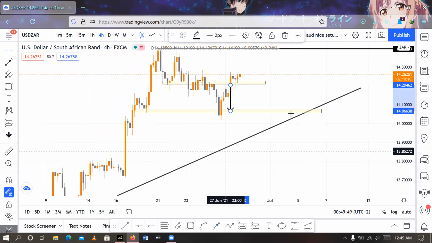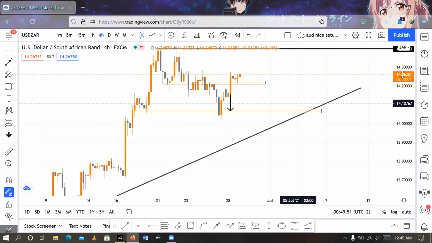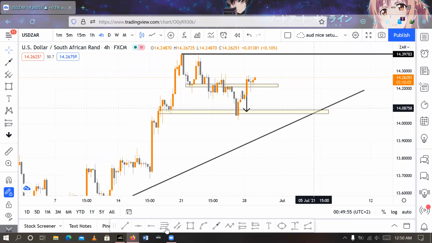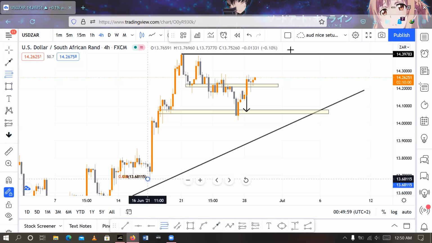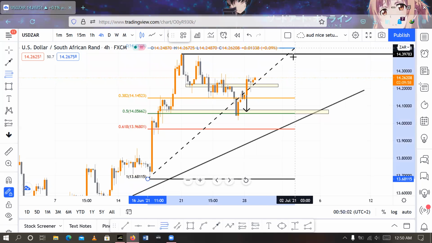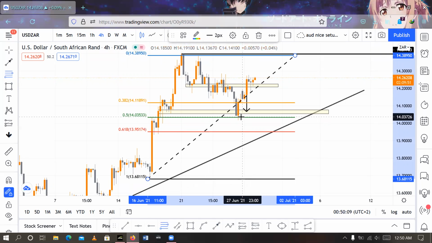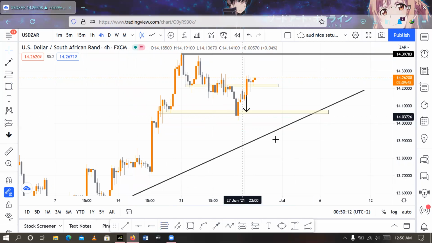Let me put in the Fibonacci tool so that you guys can see this. Taking from the swing low to the swing high, we can see that this is actually at the 50% retracement level, right? Wherein the market is now pushing to the upside.